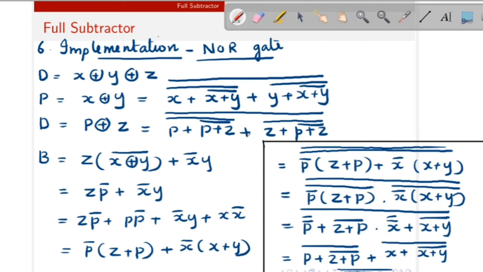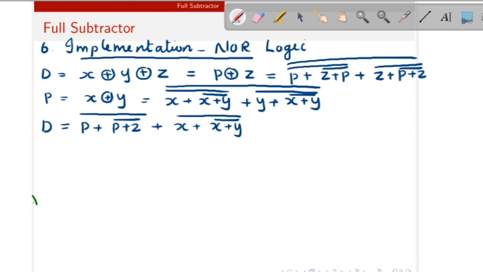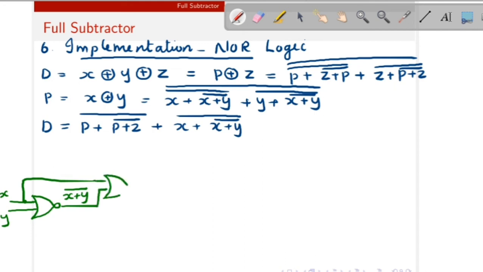Now we can draw the logic circuit. Next we can draw the logic circuit of full subtractor using NOR gate. So here we have a NOR gate with two inputs x and y, and here we get x plus y bar. Then take x input, then node with x plus y bar.